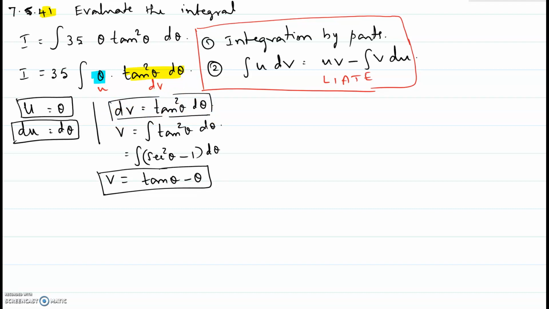So let's come back to the step I, which is 35 times, now you're going to apply the integration by parts rule. So u times v, that is theta times tan theta minus theta, minus integral v du, where du is d theta.